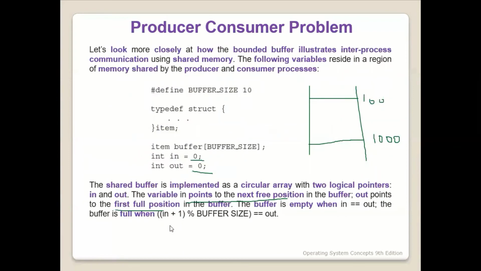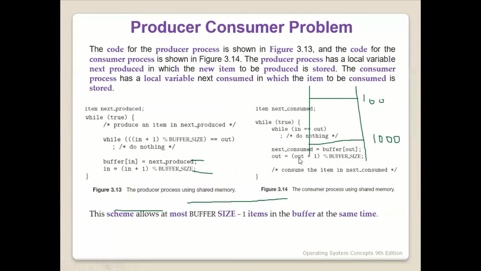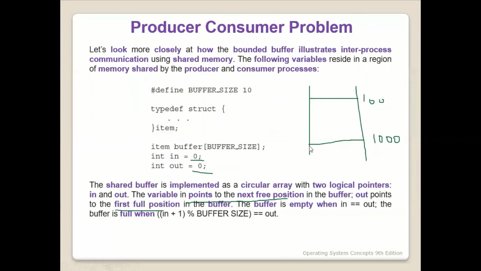And this is also another technique. When you divide by the buffer size, let's assume the buffer is full here. For example, in is pointing to the next free location, so in plus 1 divided by the buffer size, if it is equal to the out value, then you can assume that the buffer is currently full.